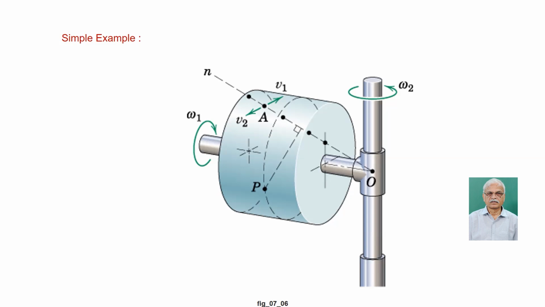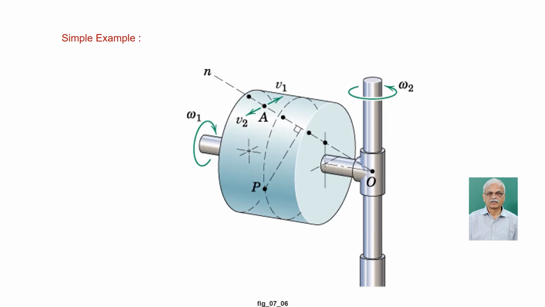So there is one line in the body which will have points with zero velocity. All those points can be construed as an axis of rotation, right? You understand? So it is not just one point. Now you can see that the whole body is rotating about point O.